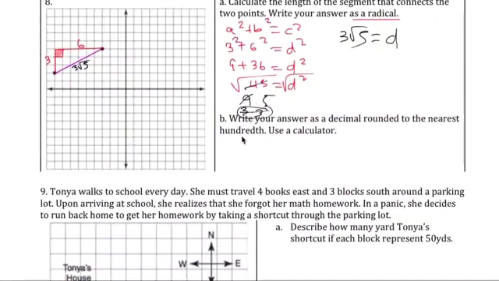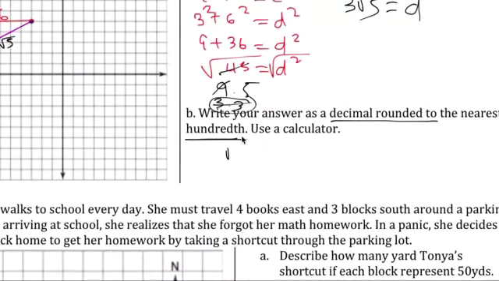And here write your answer as a decimal, round to the nearest hundredth. Okay, it says you can use your calculator. So square root of 45 equals D. Use your calculator, you get 6.70, and then an 8.